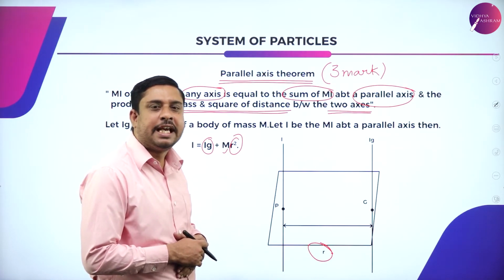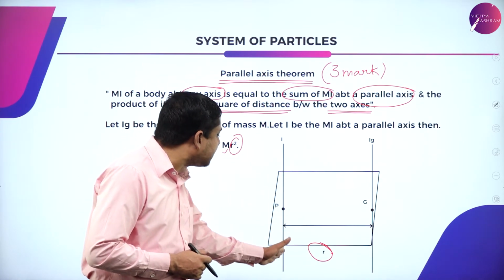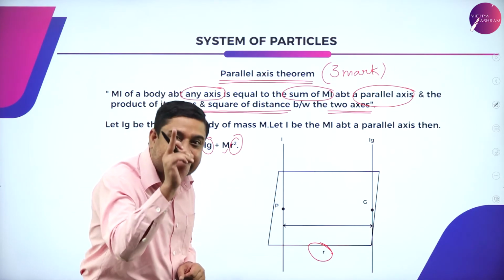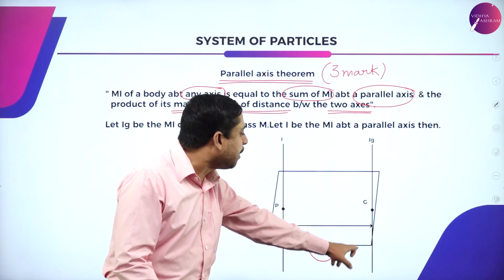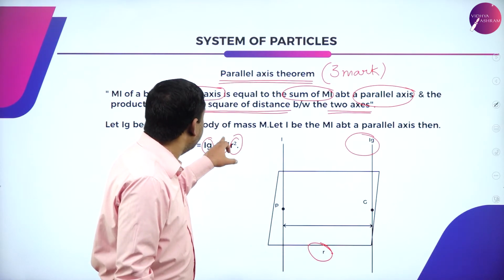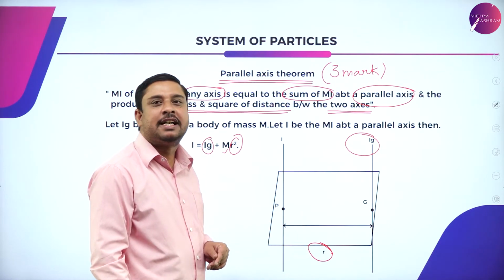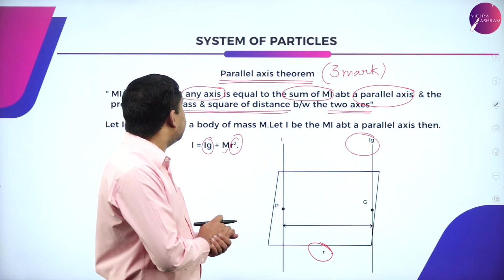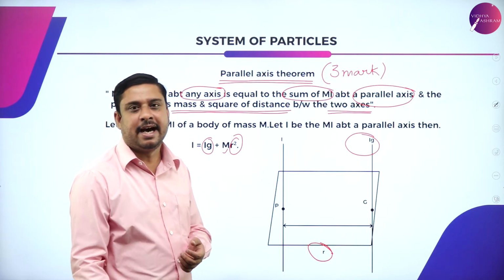Moment of inertia about any axis should be equal to the sum of moment of inertia about a parallel axis Ig plus mass of the body into square of the distance between the two axes, and this is what we call the parallel axis theorem.